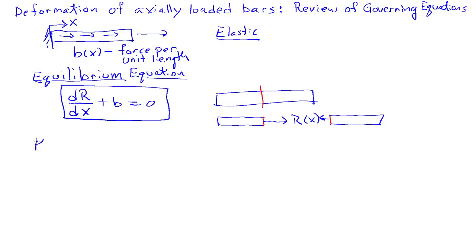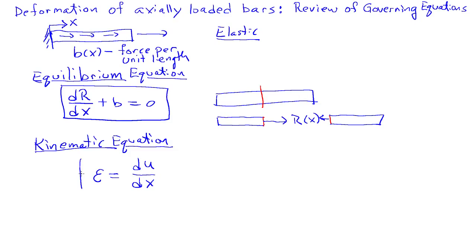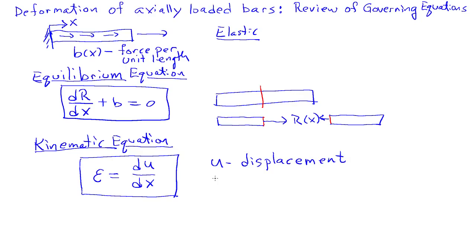The main kinematic equation comes from the plane sections remain plane assumption, and that ends up telling us that the strain epsilon is equal to du dx. And so u is displacement, and epsilon is strain.